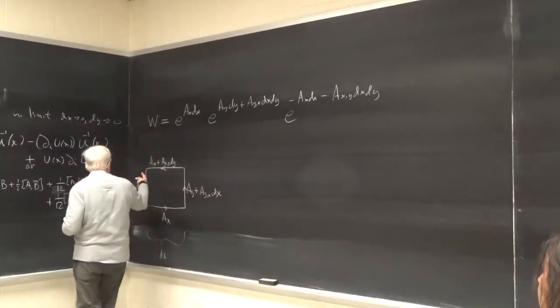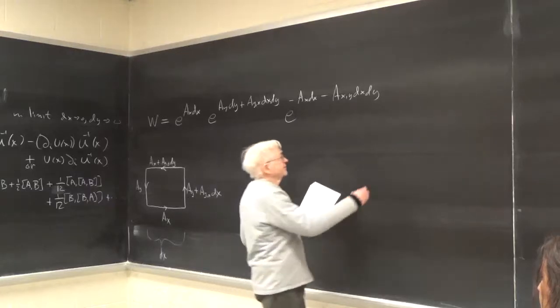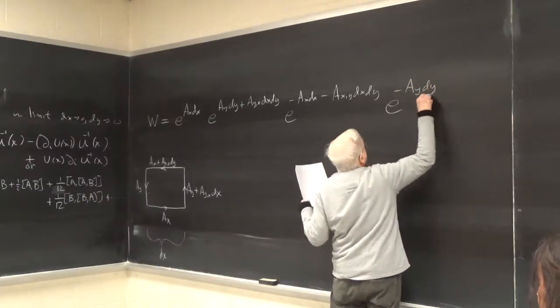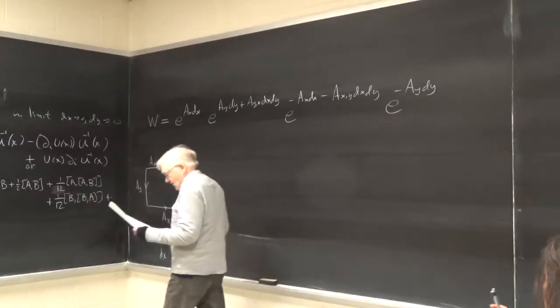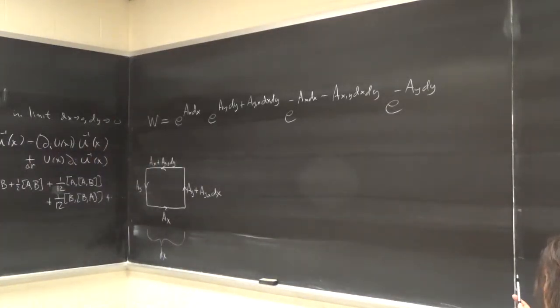And this one is as simple as the first one, e to the minus A_y dy. So it's the product of these four, and notice the way I've written it so as to make the path ordering explicit.